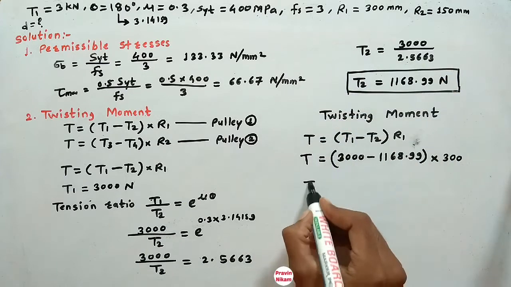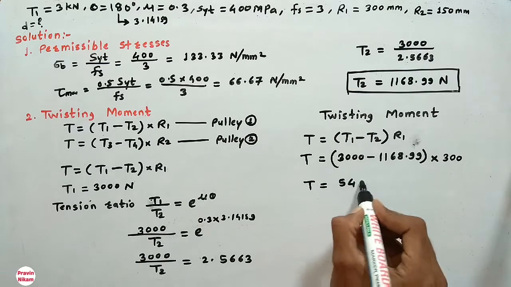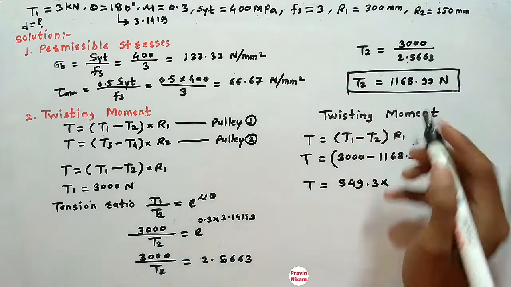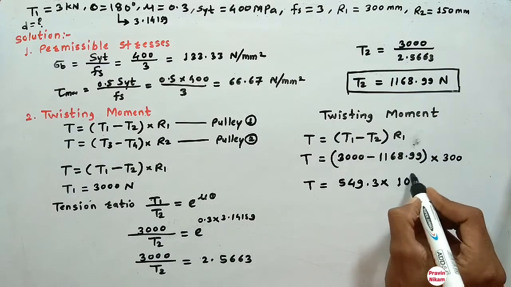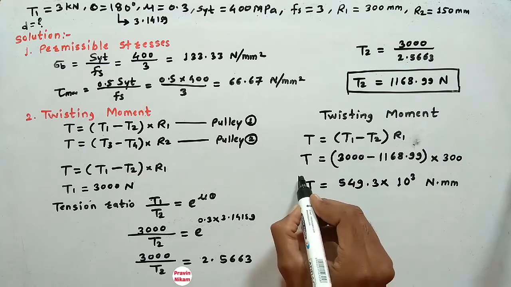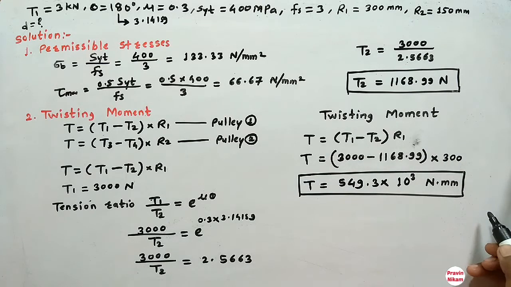So the value of torque becomes T is equal to 549.3 into 10 raised to 3 Newton mm. This is the torque or twisting moment.